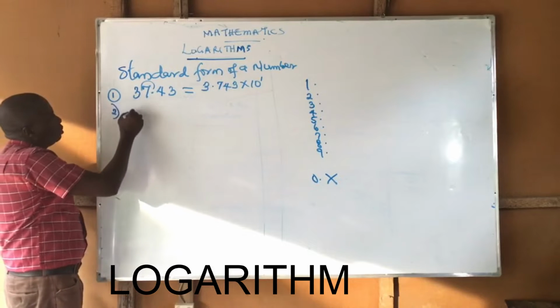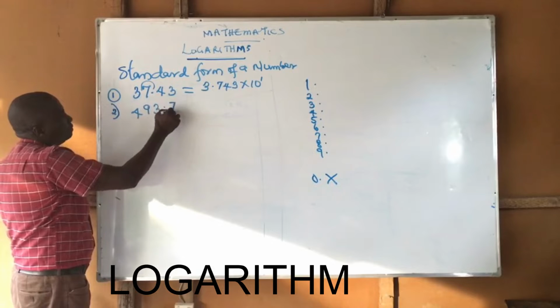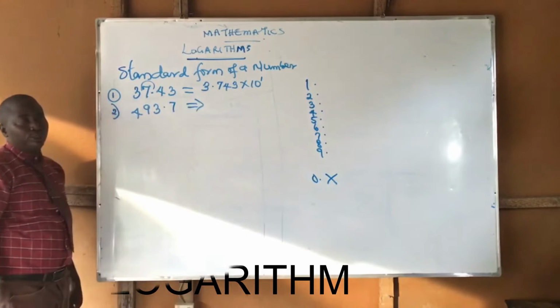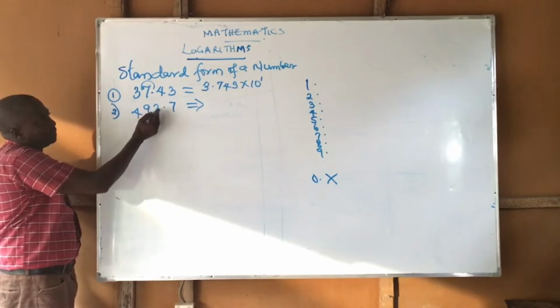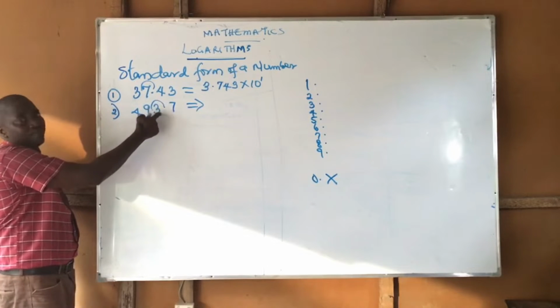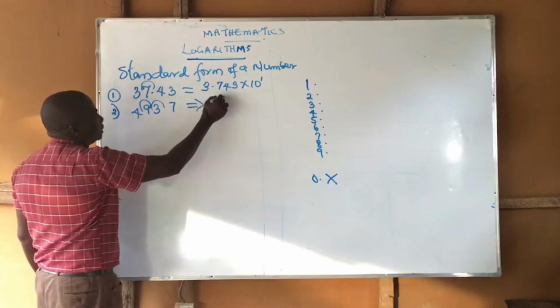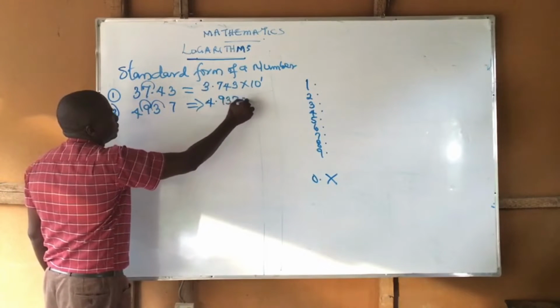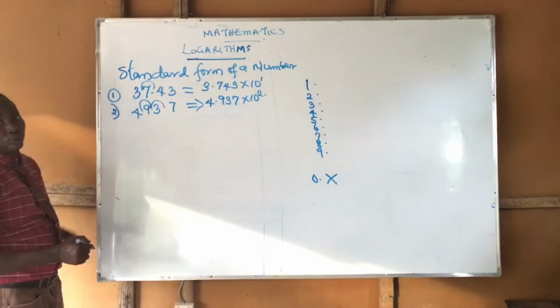Number 2, where you have 493.7. So what do we do? We shift the decimal point backward, because this 493, if it comes here, it becomes 49 point, and if it comes here, it becomes 4 point. So it will now be 4.937 times 10 raised to power 2, because we shifted it backward twice.